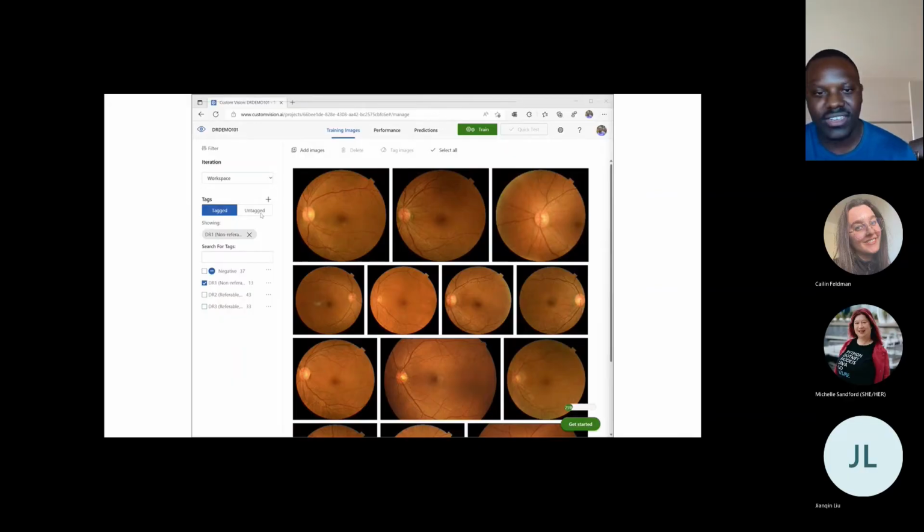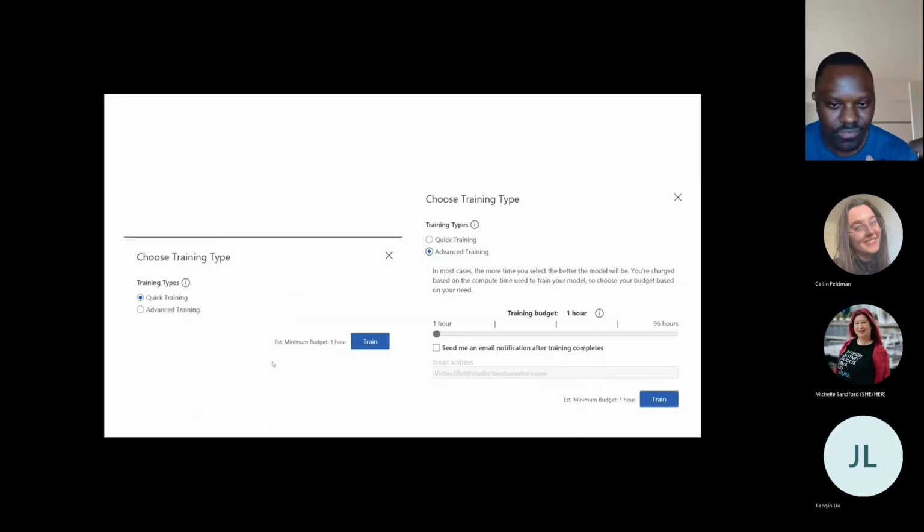And so after that, I just uploaded the images and each time I uploaded, I tagged them appropriately. So I have negative, I have my DR1, DR2, and DR3. And with all my images uploaded and labeled, I then proceeded to train my model. With training, as I mentioned earlier, there are 2 ways.